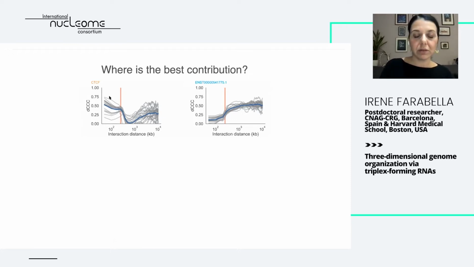And this was indeed the case in our simulation: with the CTCF-driven simulation, we can reconstruct the chromosome organization nicely up to 250 kilobases, which is more or less the median distance between two convergent CTCF sites. Instead, the best contribution of our long non-coding RNA is really a long-range tail, and it actually kicks in when the contribution of CTCF is fading out.